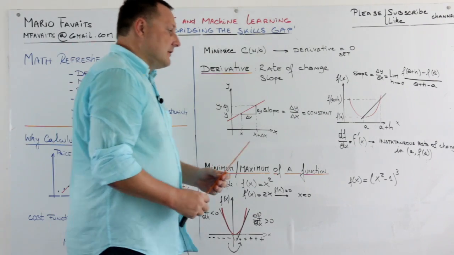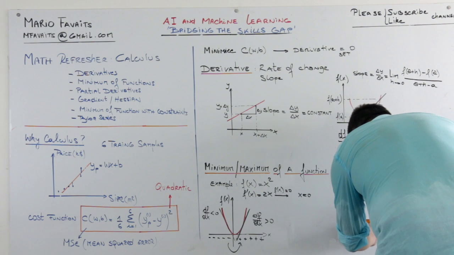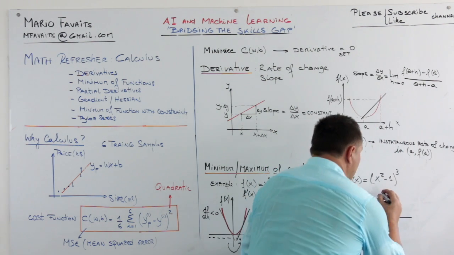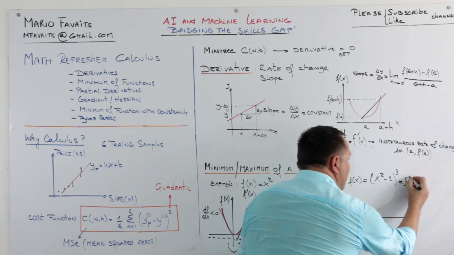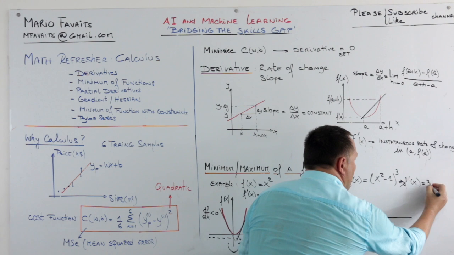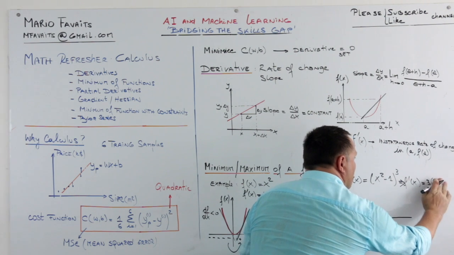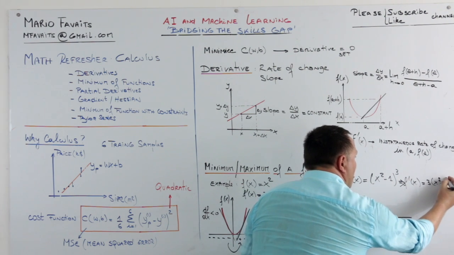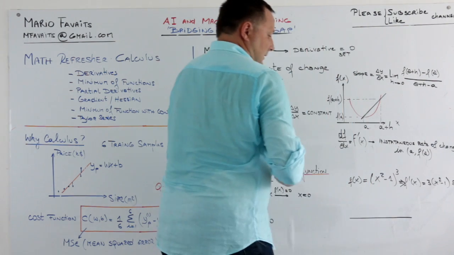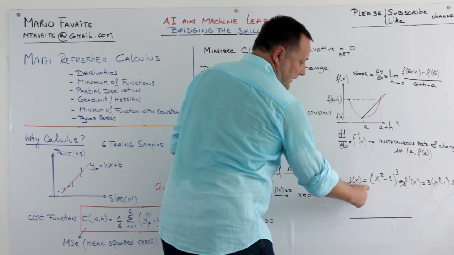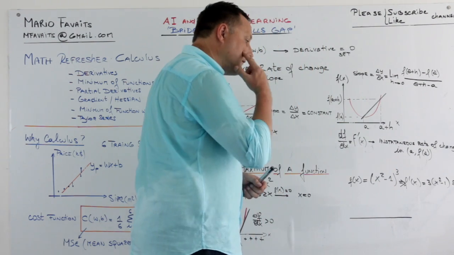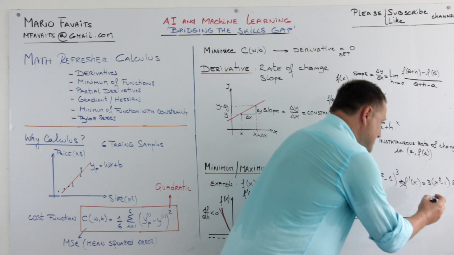Now let's take a look at another example here. We're going to derive this. f prime of x equals 3 times the bracket squared, minus 1, times 2x. The 3 comes to the front, we leave the bracket and subtract 1 from the power, and then we derive what is between the brackets. So when is this 0?